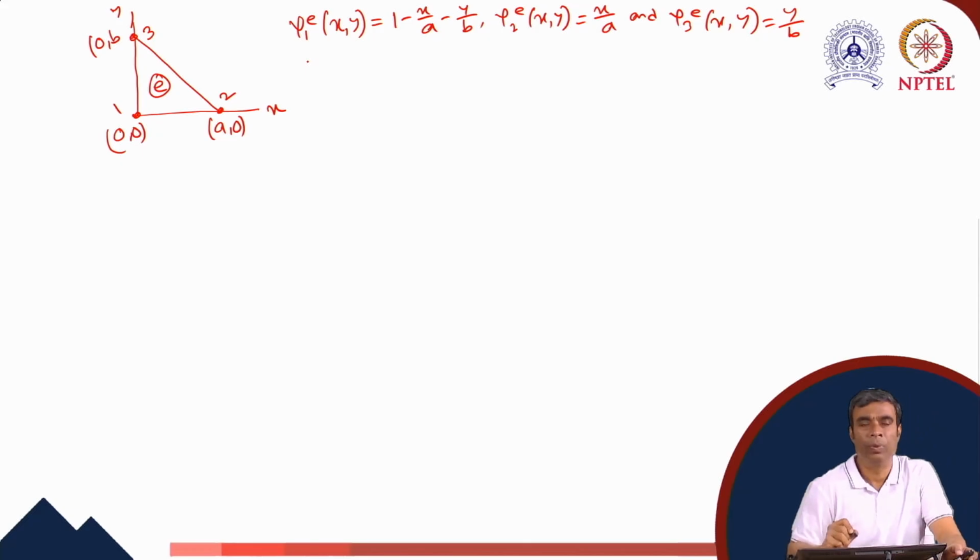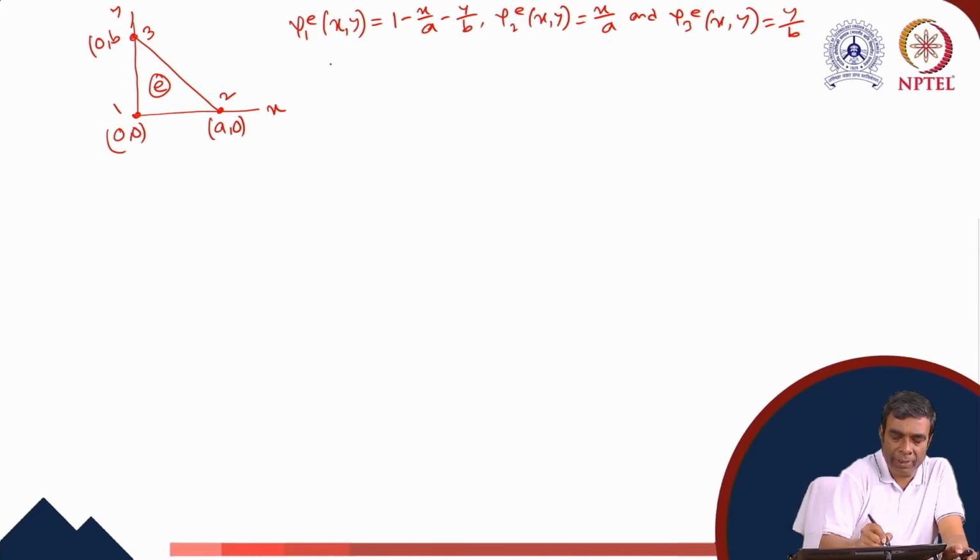Therefore, we can check the properties of these Lagrangian shape functions for these triangular elements. These are Lagrangian elements or C0 elements, and the shape functions are also C0 continuous, so the temperature will be continuous at the nodal point, but not the temperature gradient. So we can check the summation of the shape functions.